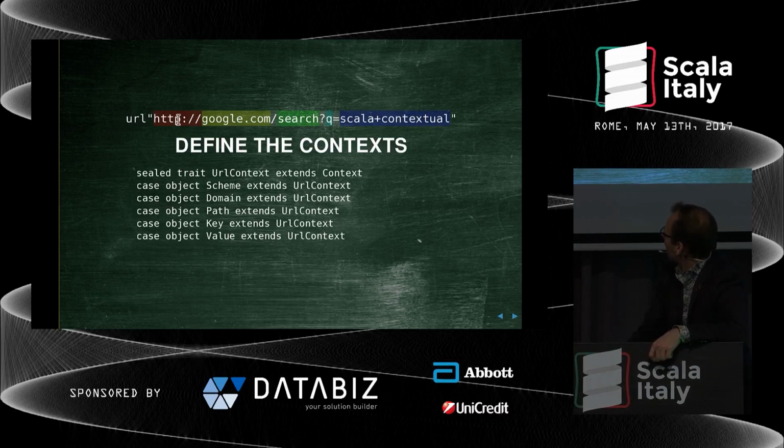Now, a hole could appear in scheme position, in domain position there. If you had a hole there, it would be in path position. So if we wanted to allow substitutions in here, we would want to be able to specify how those holes should be interpreted.